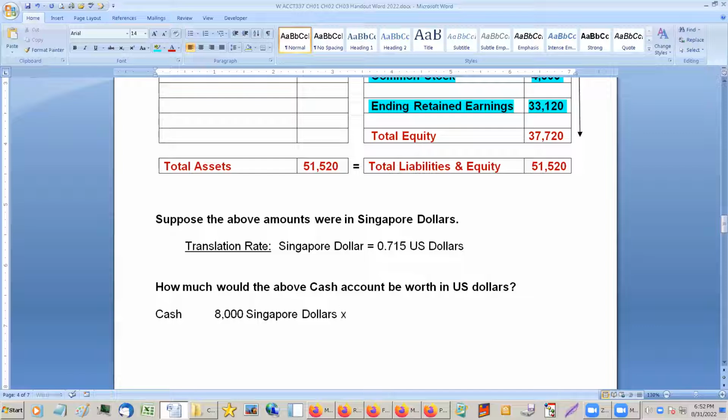We would have to multiply those times 0.715 to get US dollars. So 8,000 times 0.715 is $5,720.